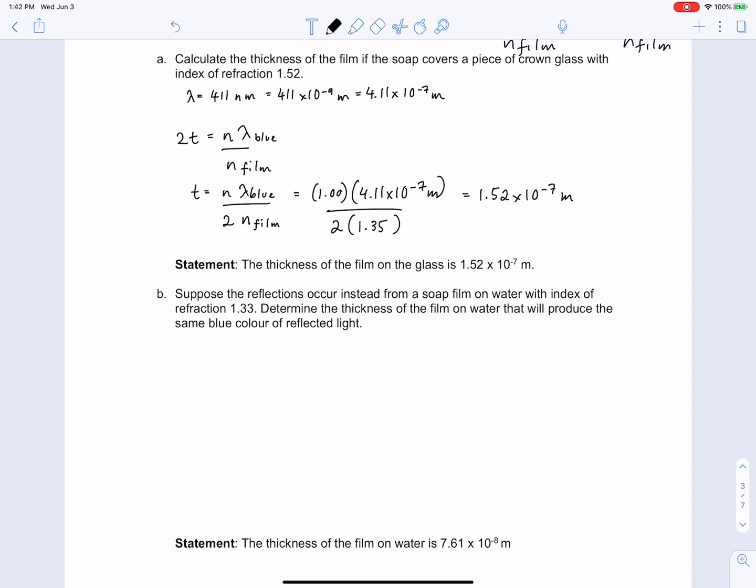Now, suppose the reflections occur instead from a soap film on water with an index of refraction of 1.33. So we have air, soap, and now water.